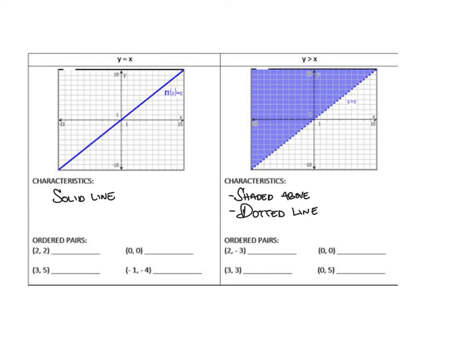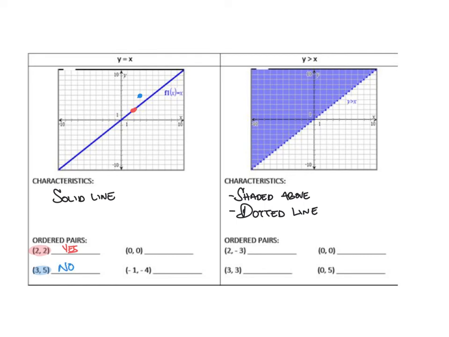So, let's recap that a little bit. Let's start by checking this. Is this point part of the solution? For my equation, 2, 2 is on the line. Yes, it's a solution. Now, what about the point 3, 5? That point is not on the line, and there's no shaded area.